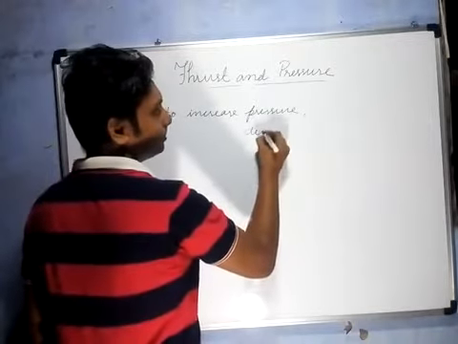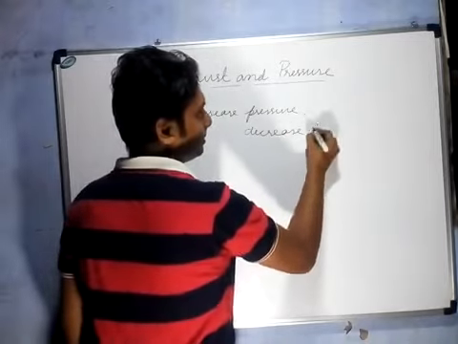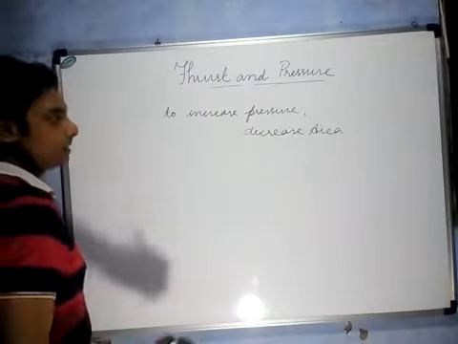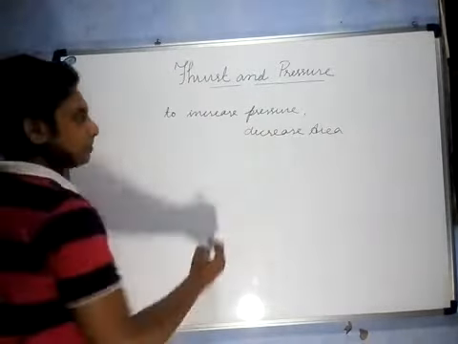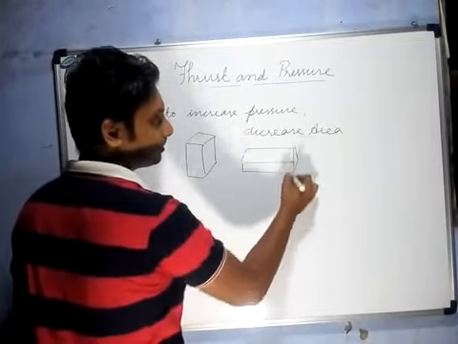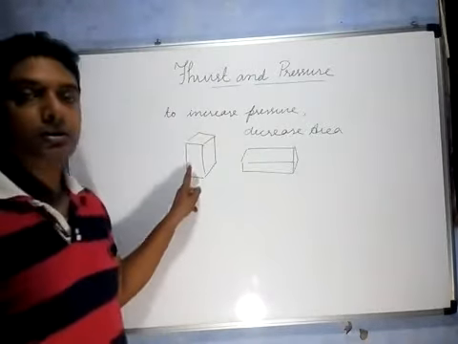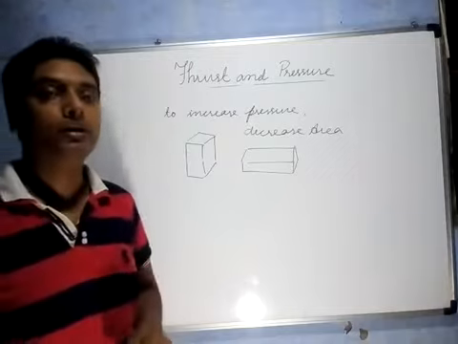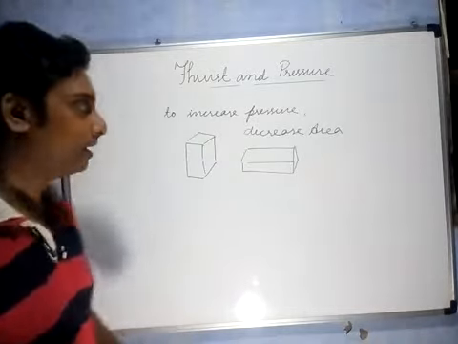We have to decrease area. For example, if we are keeping a brick like this, instead of keeping it like this, in this case it will exert more pressure. Why? Because it has a smaller base area.